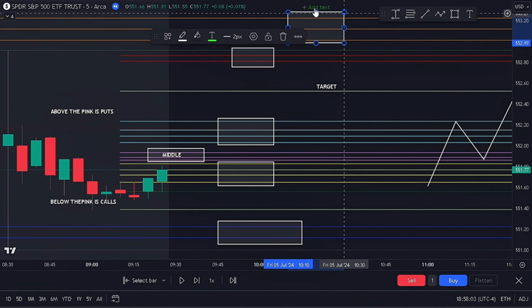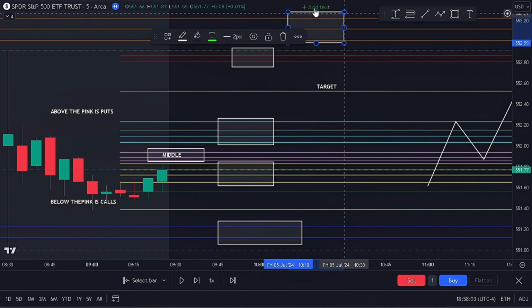I'm now going to label them so it'll be easier when we go through it. So this would be entry 1. Sorry, entry 1 for puts. And then this one would be entry 1 for calls. Here would be entry 2 for puts.